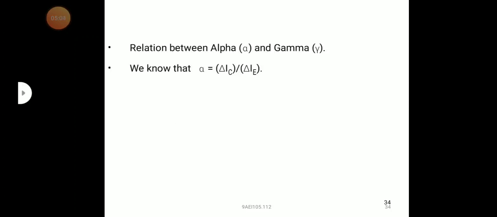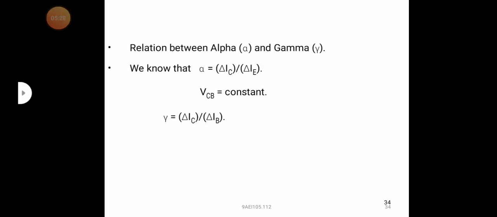Now the relation between alpha and gamma. What is alpha? What is gamma? You know that alpha is delta IC by delta IE when VCB is constant.